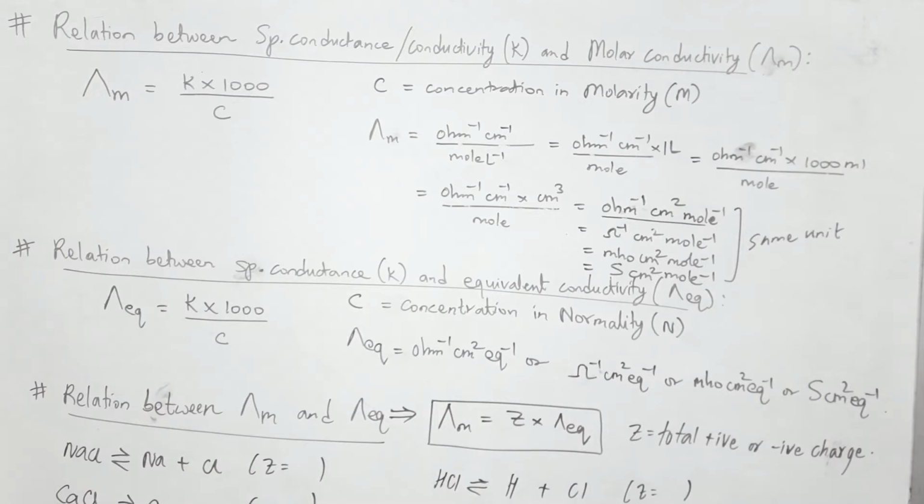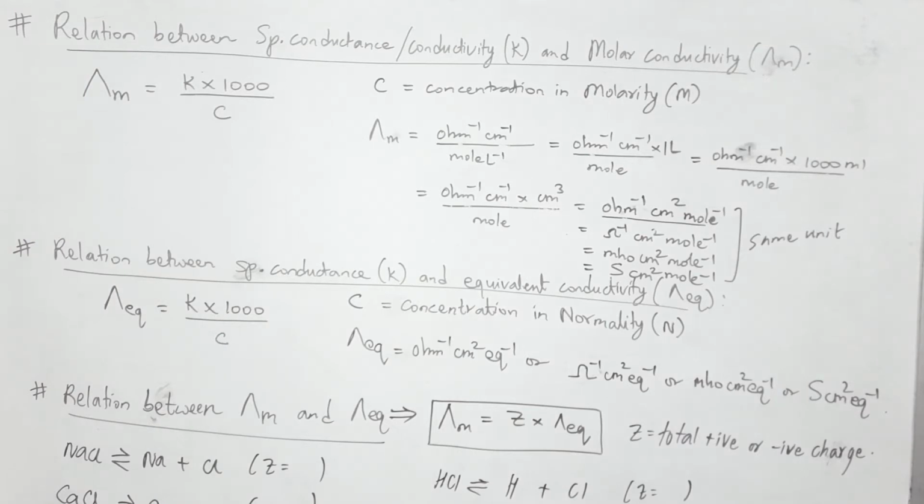So students, what you have to remember is that lambda m is equal to kappa into 1000 by C, where C is the concentration in molarity, capital M, and the unit of lambda m is ohm inverse centimeter square mole inverse, or its equivalents. Remember the relation and the unit of lambda m from this part.